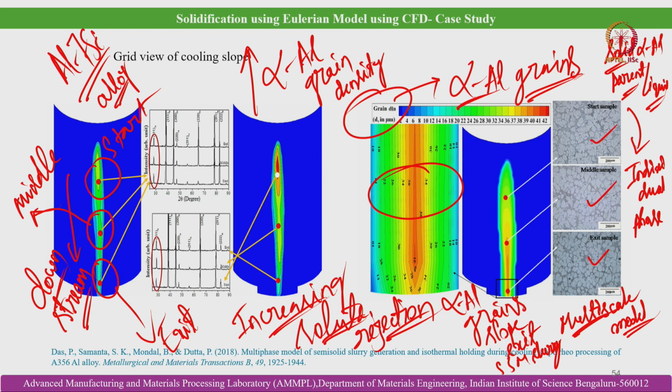So, you can virtually simulate from first principles to the property at the component scale. That is the benefit of developing accurate process models in the field of manufacturing, where the example is given in the case of casting. Okay. Thank you.